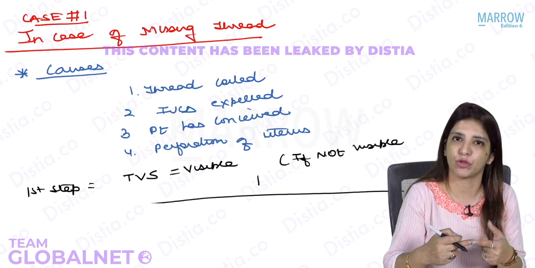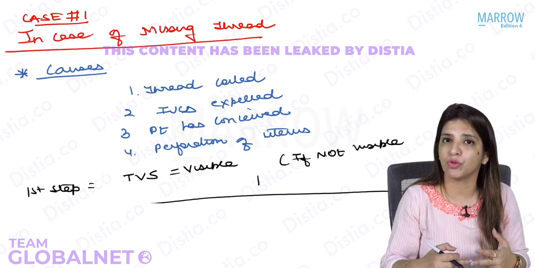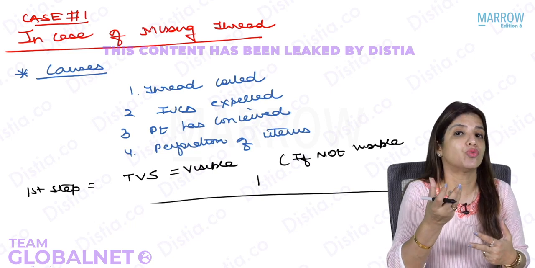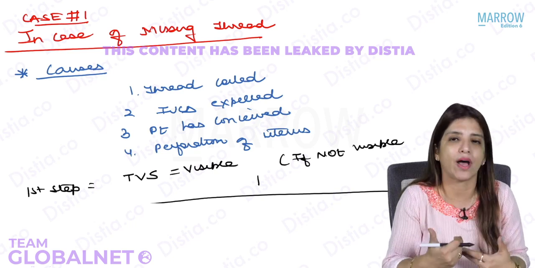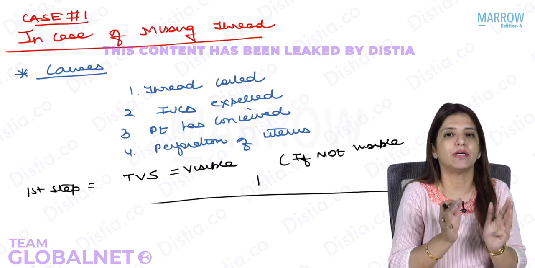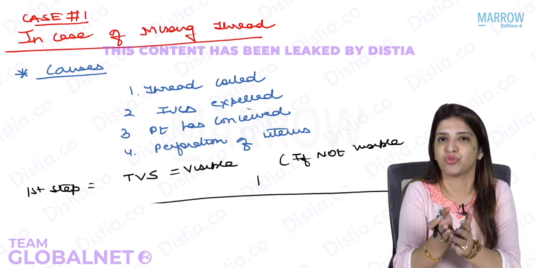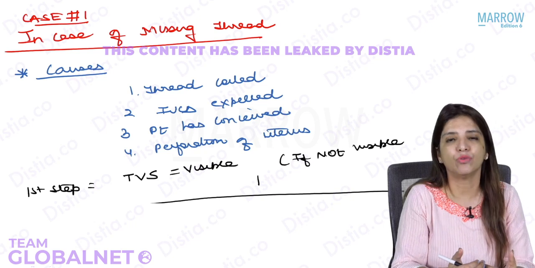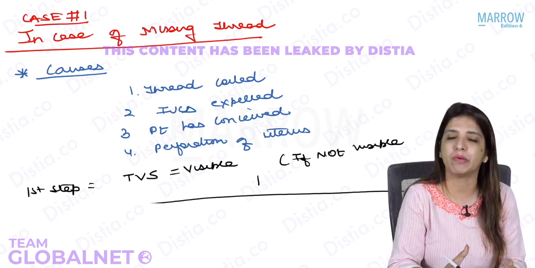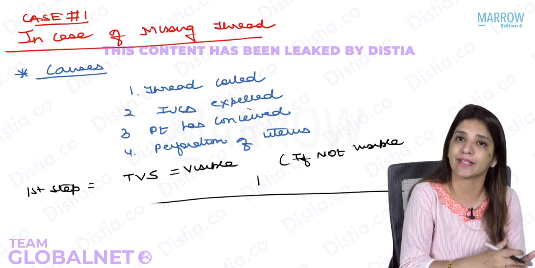Second, this female has conceived and so the size of the uterus has increased and that is why the thread is not being felt. Third, the copper T has perforated the uterus and that is why the thread is not being felt. And fourth, the IUCD has been expelled.